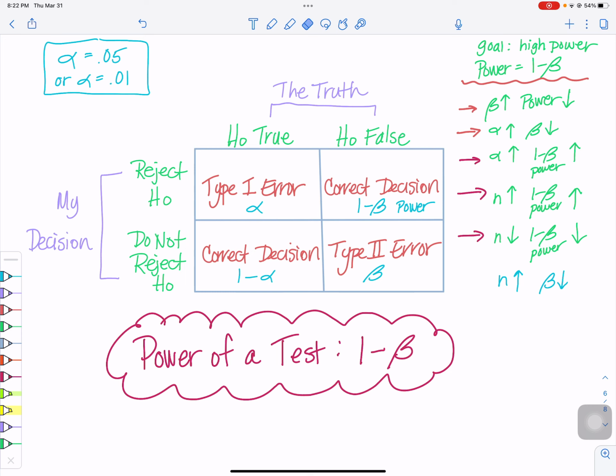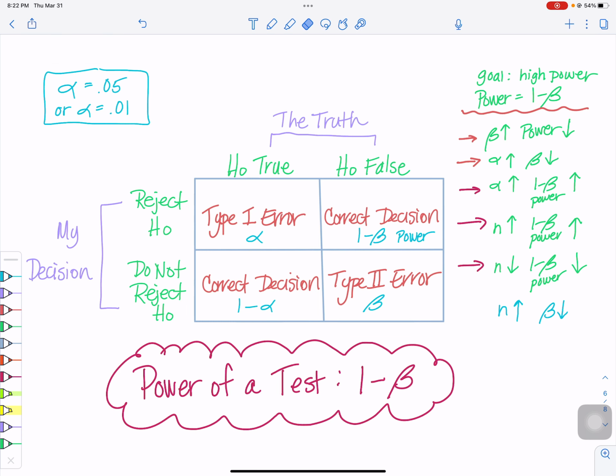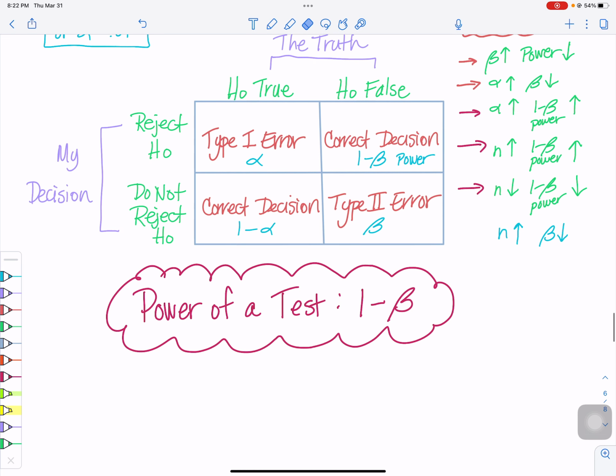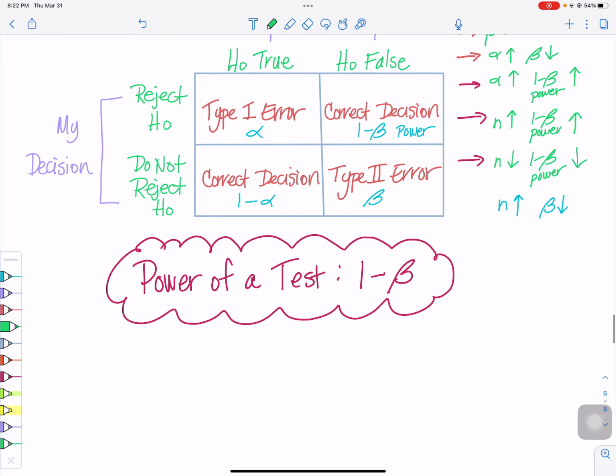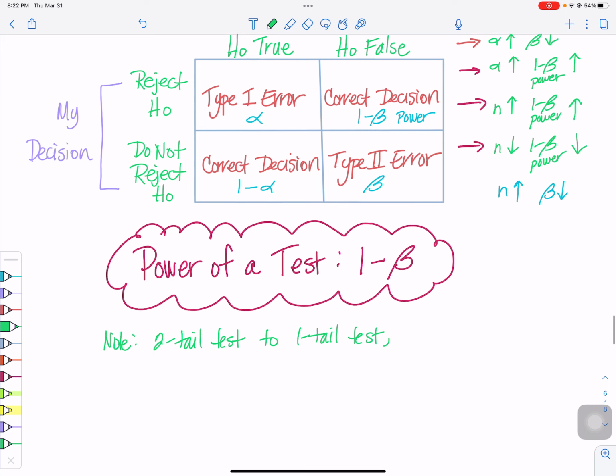One other thing I want to talk about is a two-tailed test. This doesn't come up very often, but I will make a note that when you change from a two-tailed test to a one-tailed test, what happens?